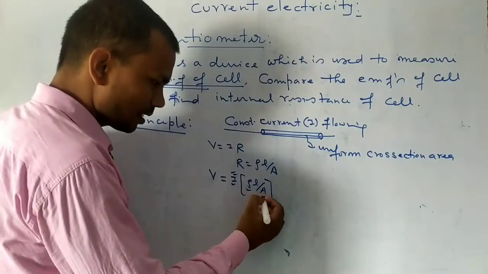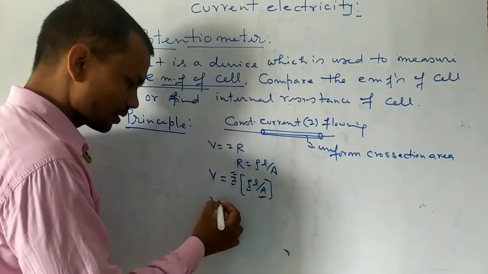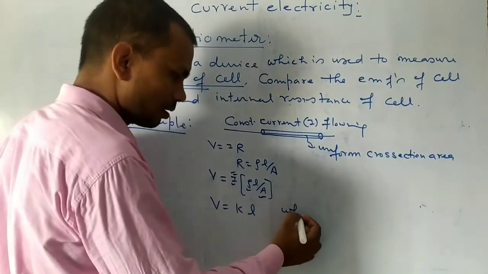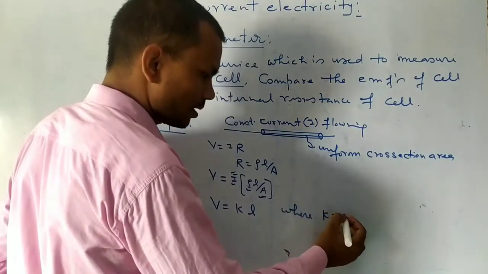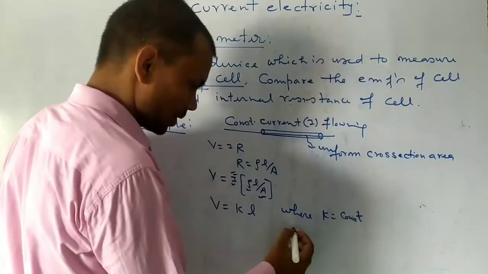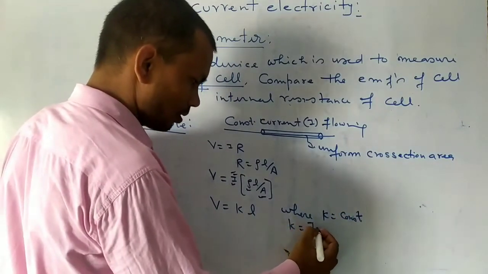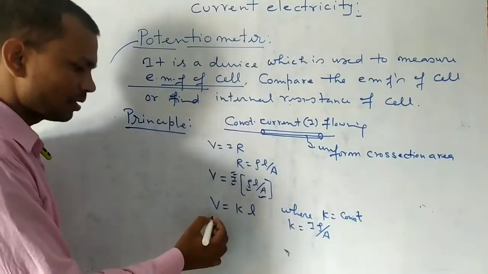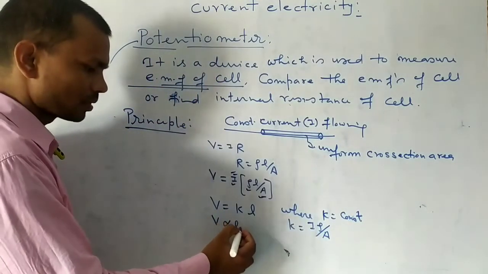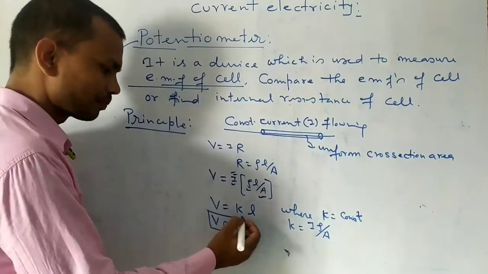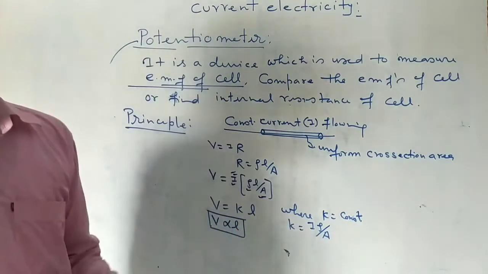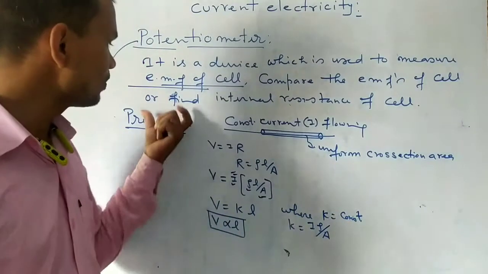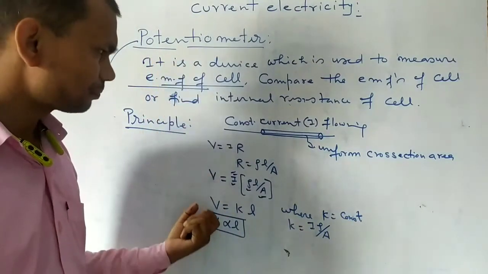So we are saying that V equals K L, where K is a constant, and K equals I rho upon A. If K is constant, it means V, the potential drop, is directly proportional to the length of the conductor. So this is the principle of the potentiometer.